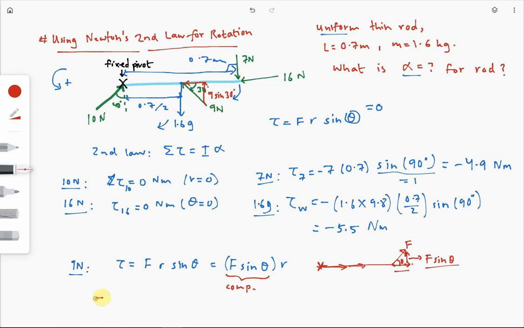Hence the torque by the 9 Newton force is equal to F sine theta, which is 9 sine 30, times the distance from the pivot point to the applied force. This 9 Newton force is applied at the center of mass, hence the distance is 0.7 over 2.